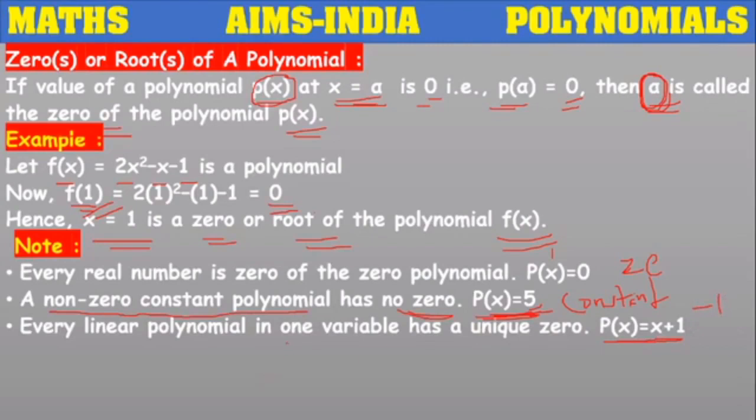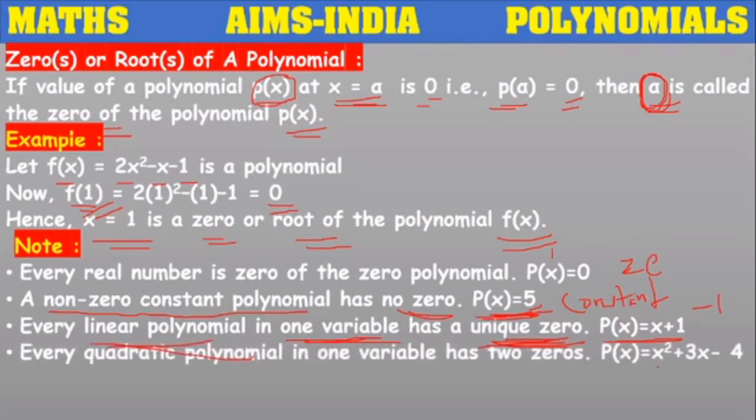So there exists one value for the variable which is considered as 0. The polynomial will always have a unique 0 value, one and only one value. So for a linear polynomial, there always exists a unique 0. Means only for one value can it become 0.